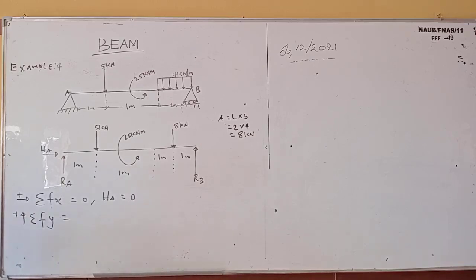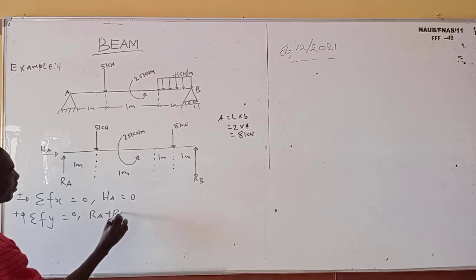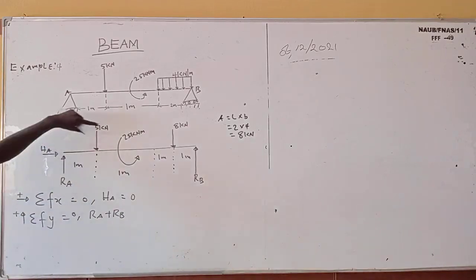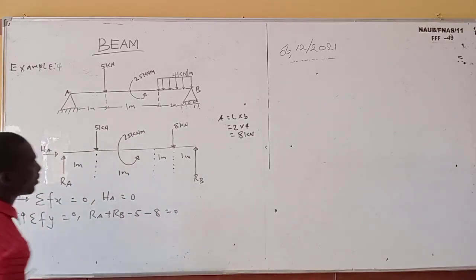Sum of vertical forces should be equal to 0. We said the upward force will be positive, that's our coordinate. So our upward forces are R_A plus R_B, and we are also having downward forces here, which are minus 5 minus 8, which is equal to 0.